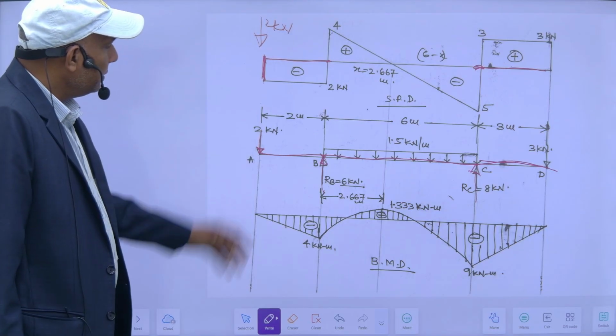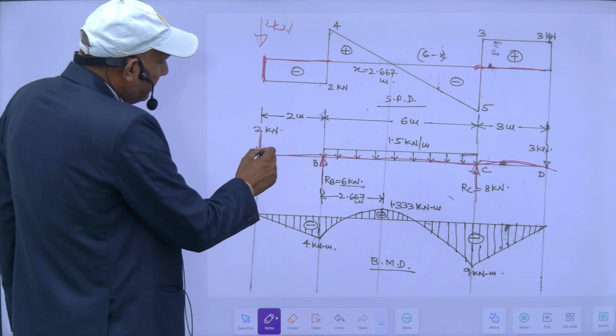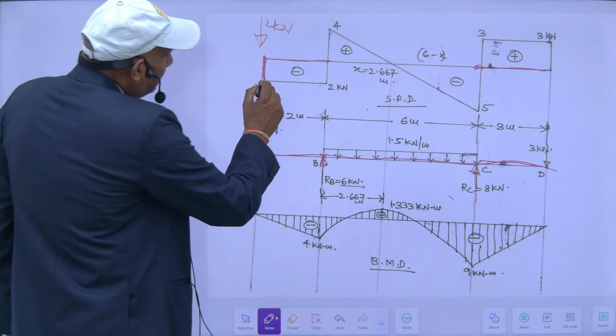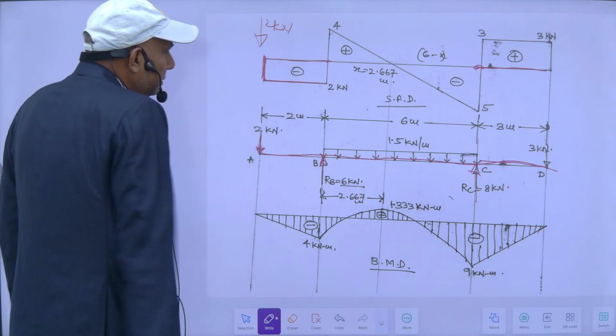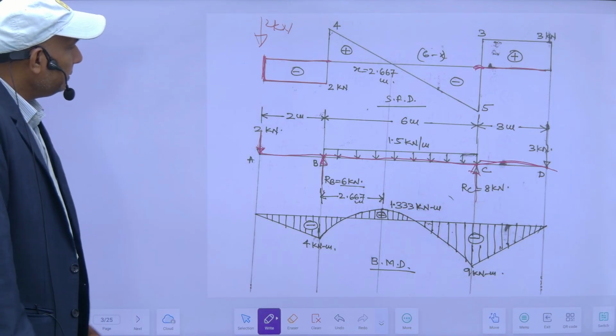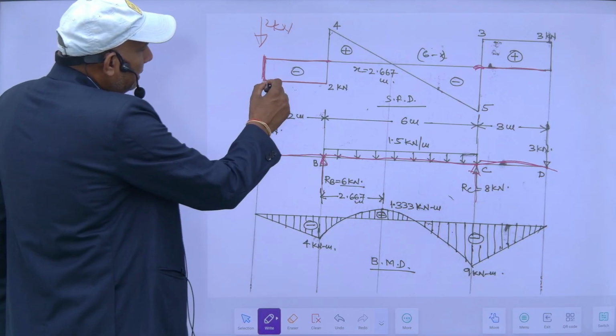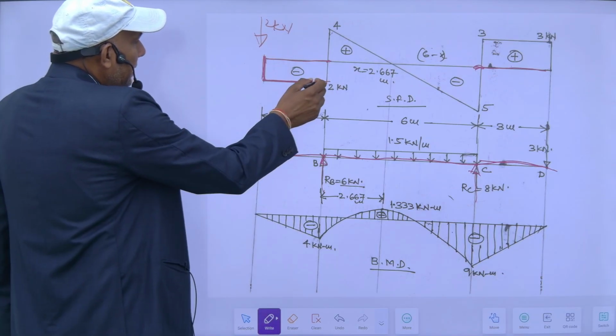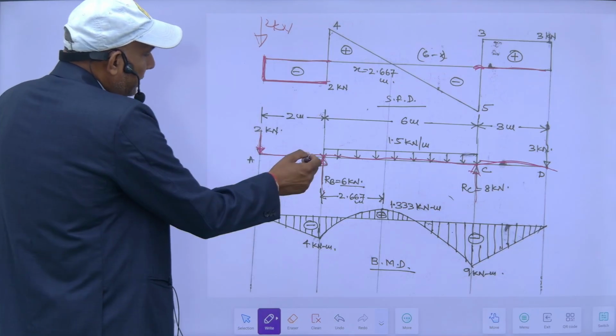And from here to here, my shear force is constant. What does it mean? It simply means that there is no vertical load. That's why my shear force is constant.